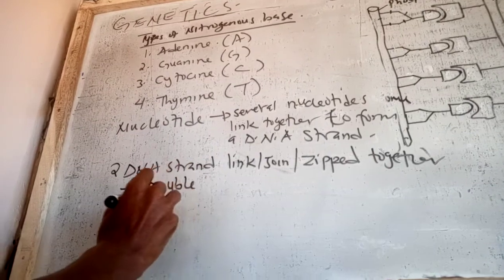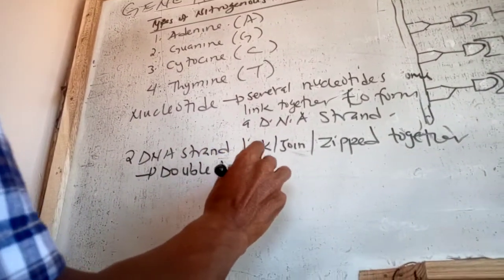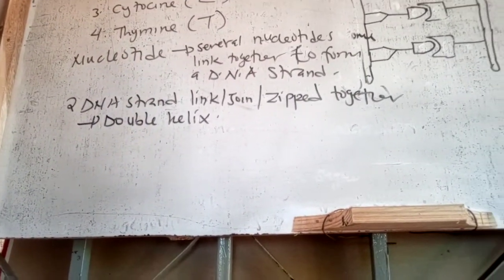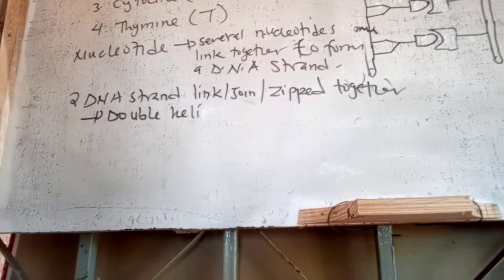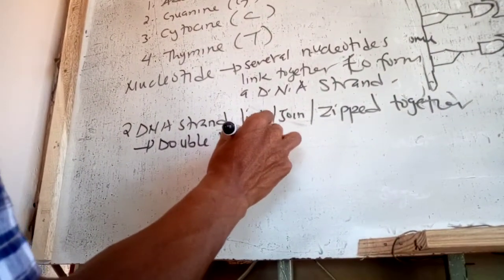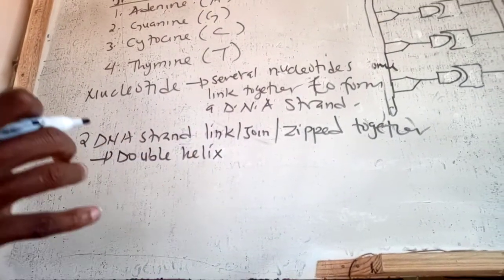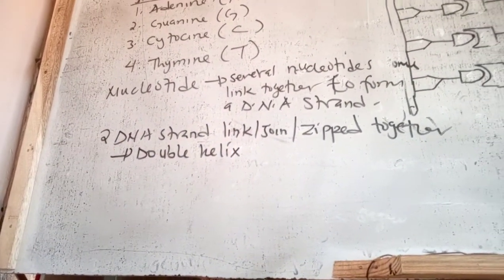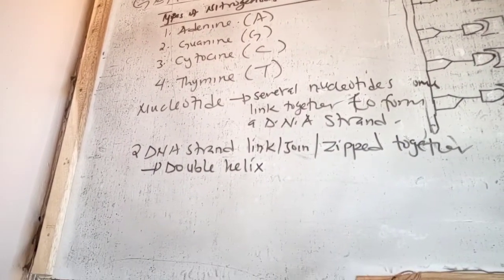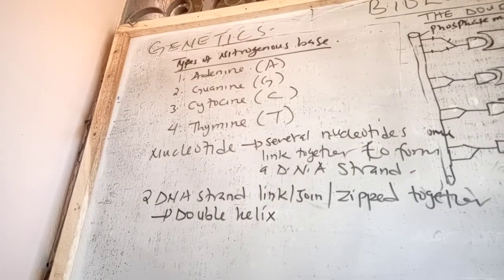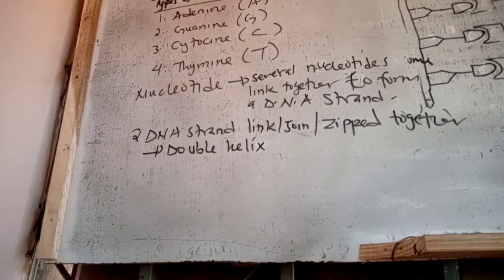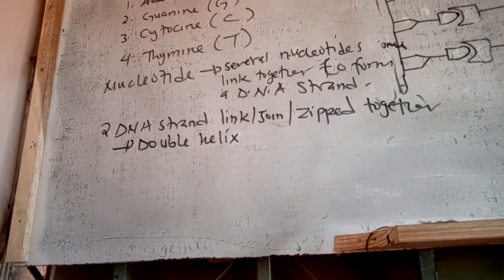The structure which is formed as a result of two DNA strands zipping up together is what we refer to as a double helix. And that is how the DNA structure exists, in the form of a double helix molecule, the form in which the DNA structure finally exists.